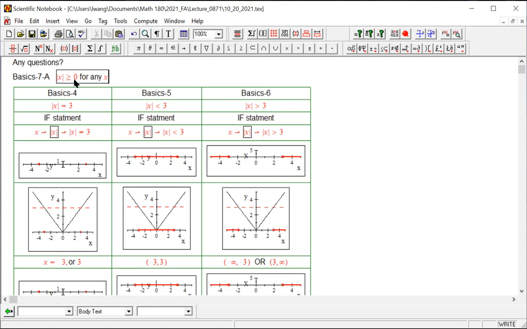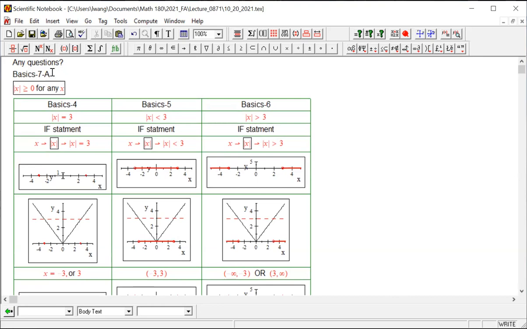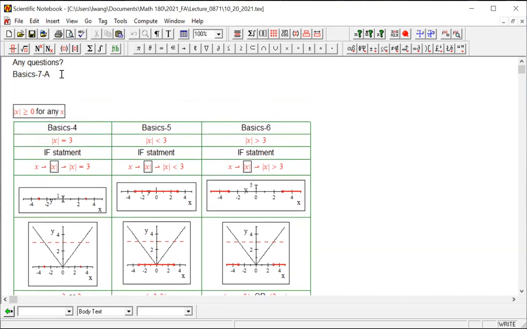In basic 7a, what happens is that all of these x turn into bologna. For example, the first question: 5x in absolute value less than 20. How would I see this?